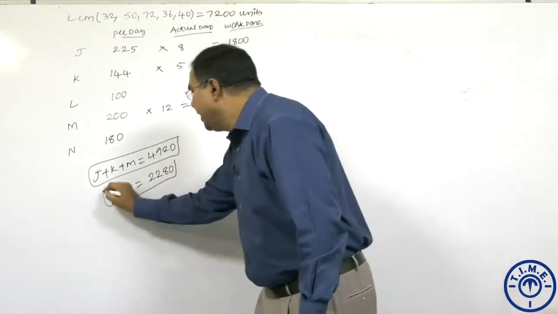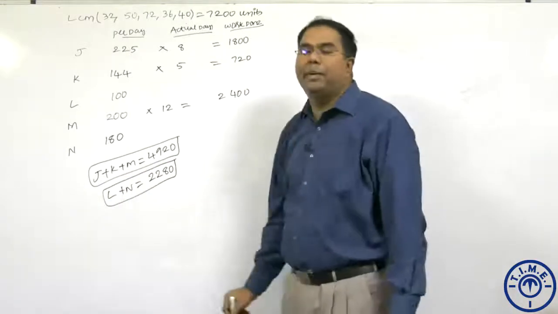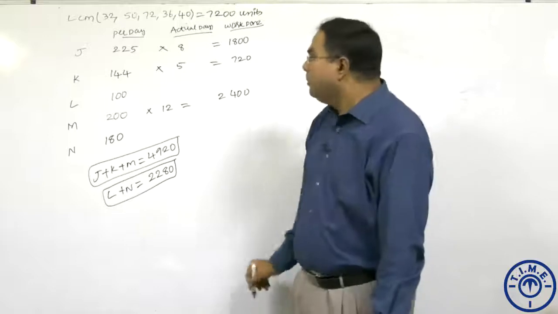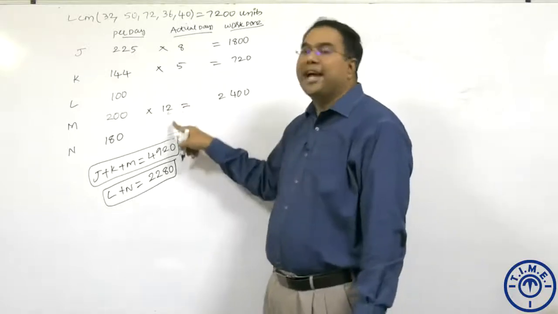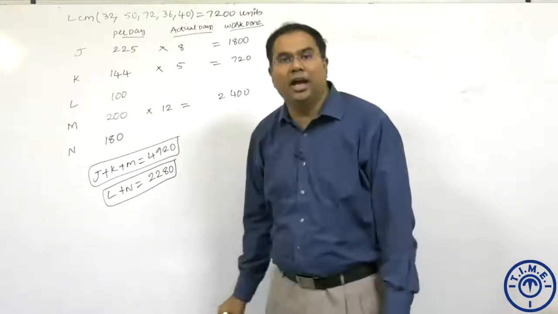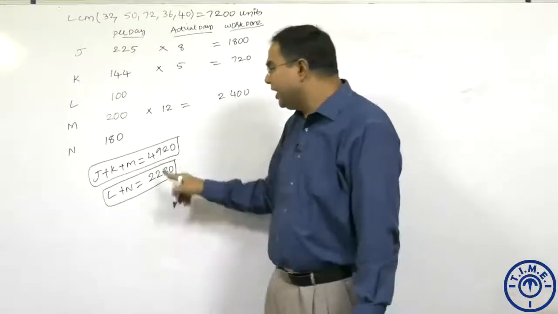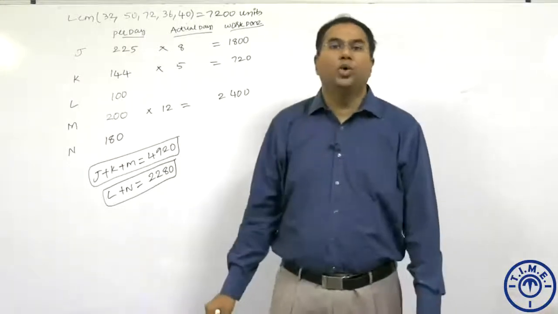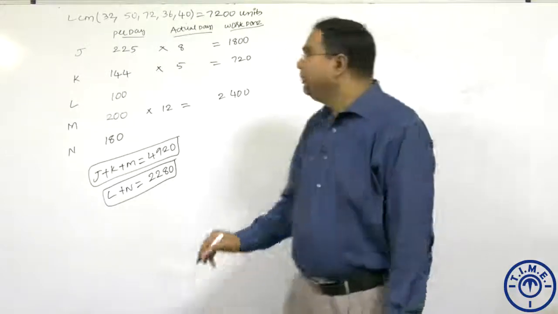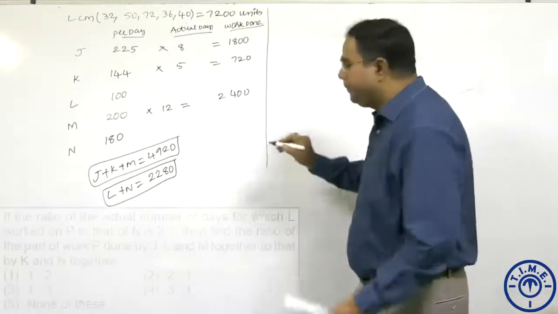So, 2280 units are completed by L and N together, but we don't know the actual number of days for which L and N are working, but we know that L and N together have completed 2280 units. Now, let us take up the first question.